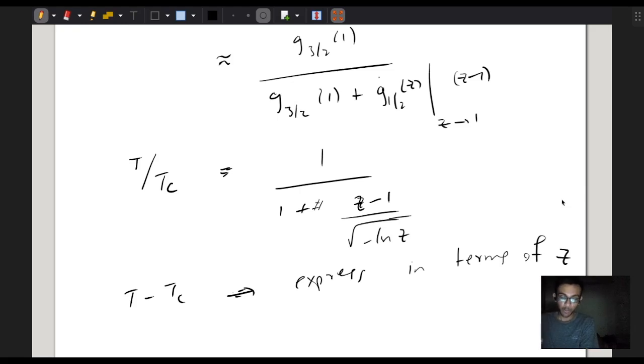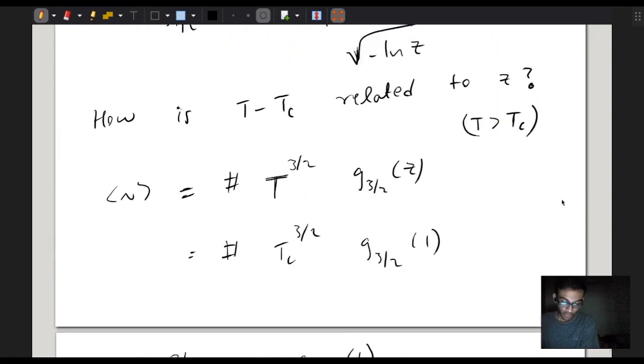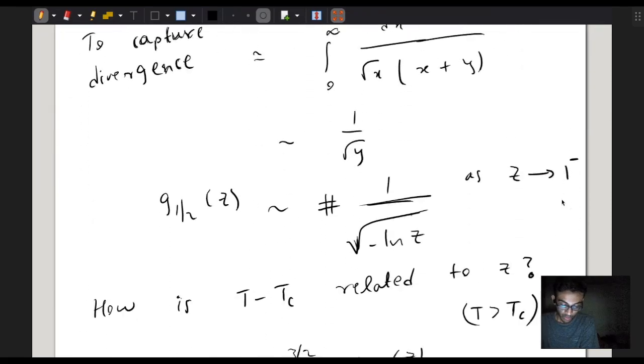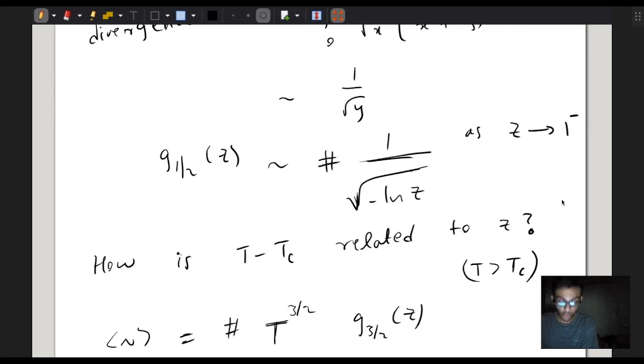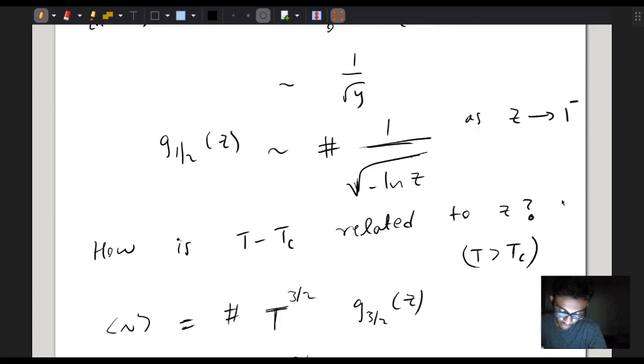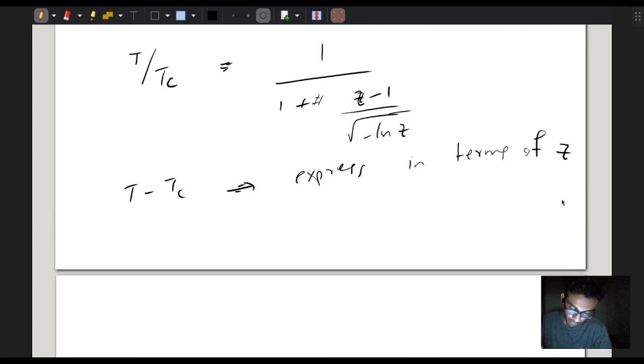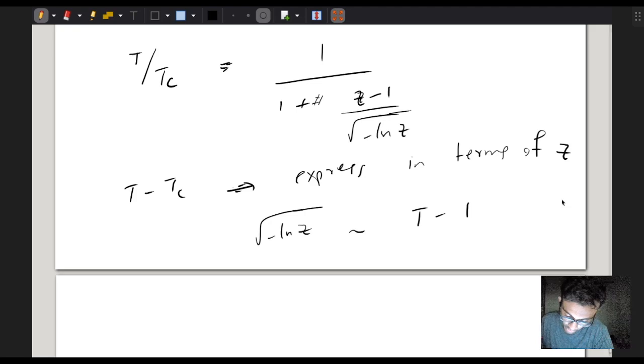And then finally, we can go back to what we want, and what we want is how just g1 by 2 of z goes. So what you'll find is that square root of minus log z is proportional to t minus tc.